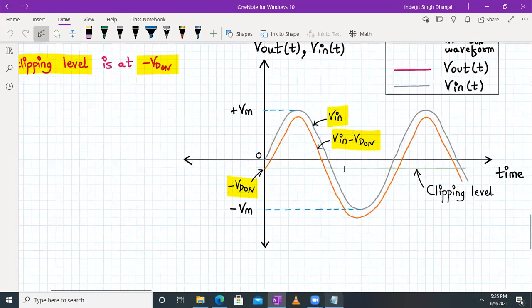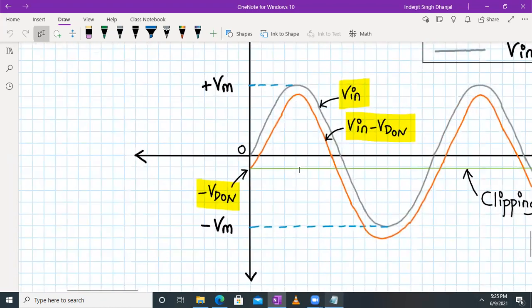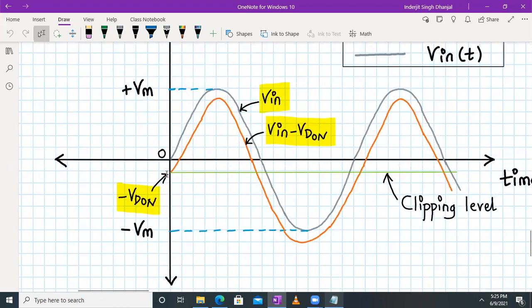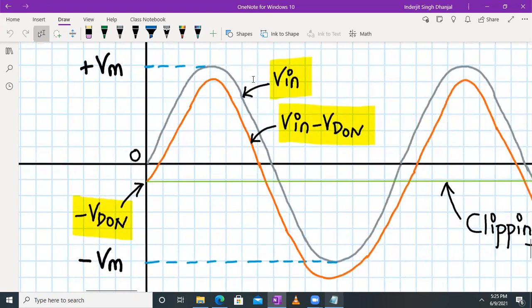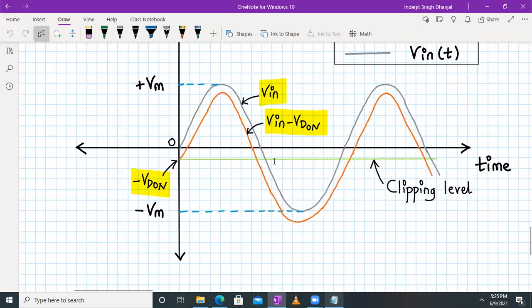With the clipping level as the reference, you need to draw the waveform which looks exactly the same as my gray color input, which is the orange color you see over here. My orange waveform represents V in minus VD on, and my gray waveform represents V in. This is what we mean by the output tracking the input, but with a difference of VD on.